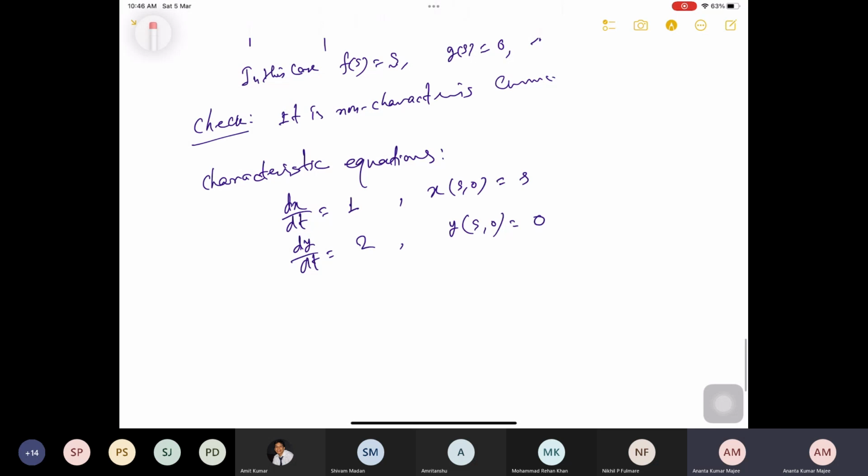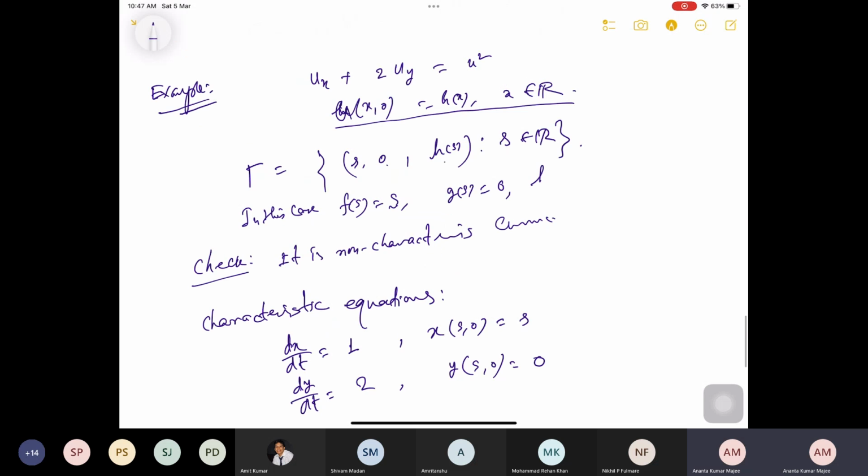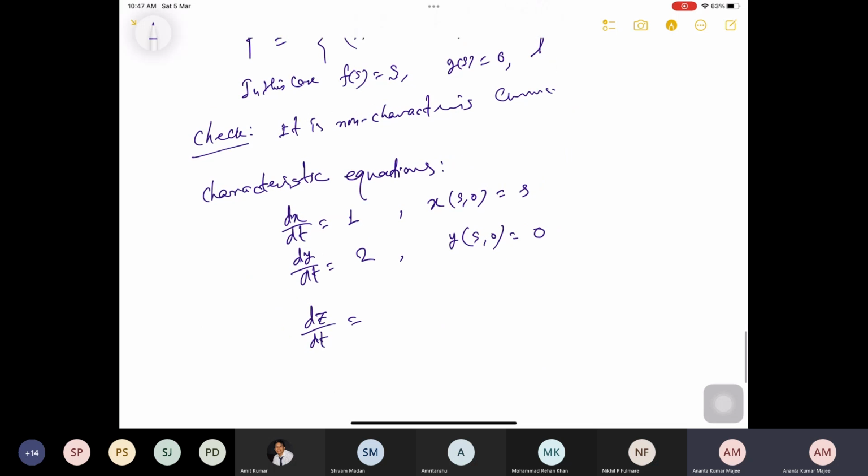And then dz/dt should be c. That is u, but u is equal to z, u(x, y) = z. So dz/dt is equal to z², and z(s, 0) is given to you as h(s).